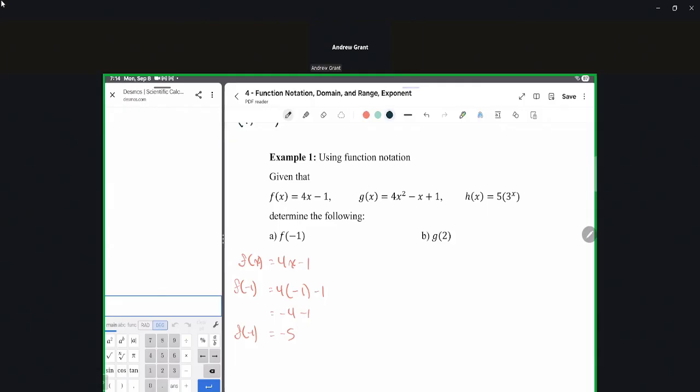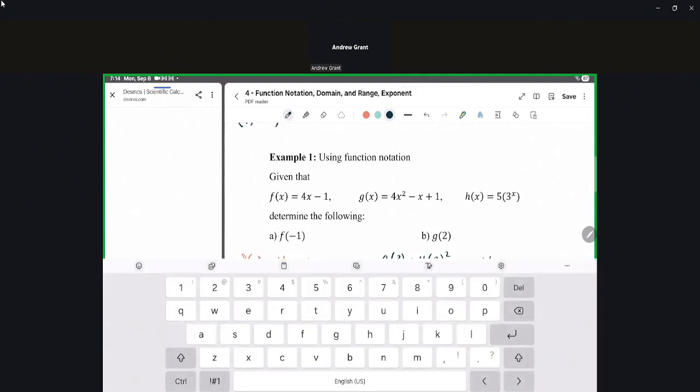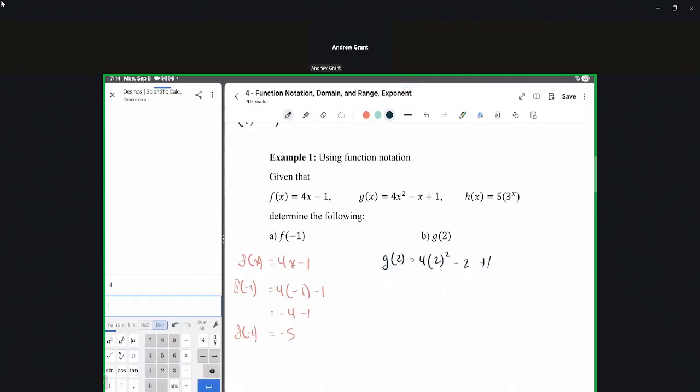So this notation, the purpose of it, in this case, is to help us save time. So if we are given g of x is equal to this quadratic, g of 2, wherever we see an x, we're going to put a 2 instead. Okay, and we can use our calculator for this one, I suppose. 4 bracket 2 squared minus 2 plus 1.